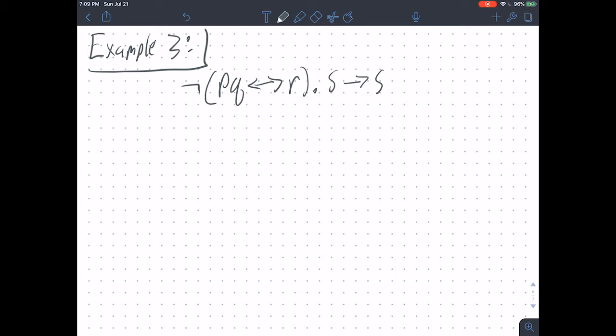Right. So, okay. So the whole thing's a conjunction. So probably a good idea, if at all possible, to try to leave that conjunction there and work on each side and see if we can get every side into an alternation of single letters or negated single letters. Right? Okay. So what do we do here?